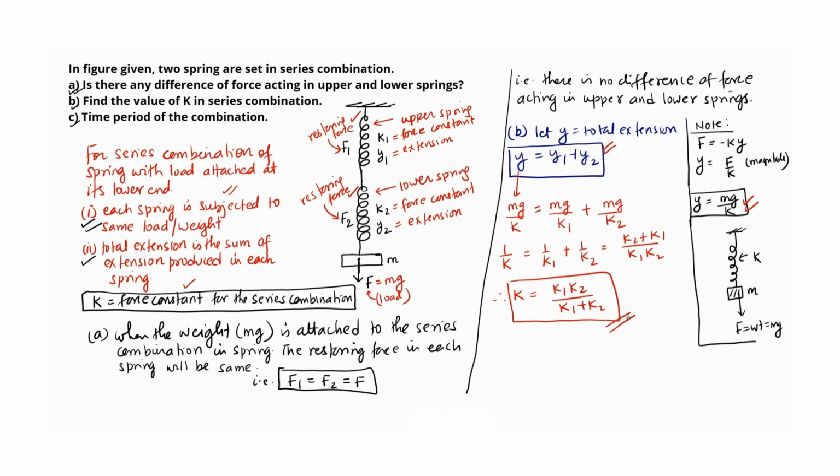Now, next we are asked to find the time period of the combination. We know for a mass-spring system, the time period T equals 2π under root m by k.